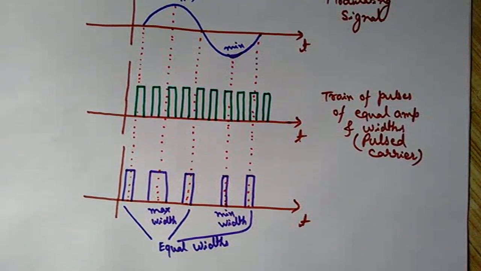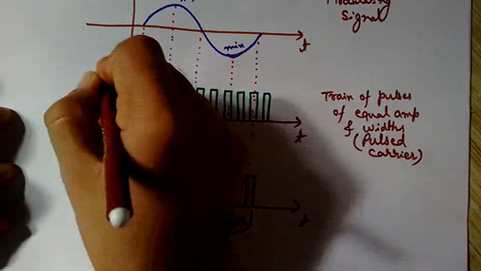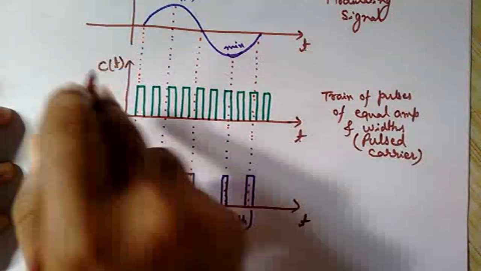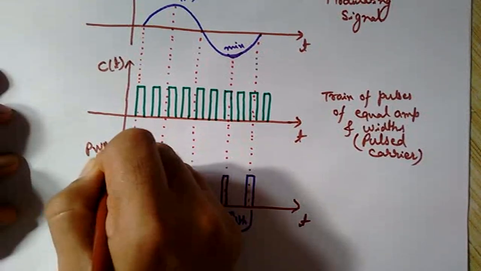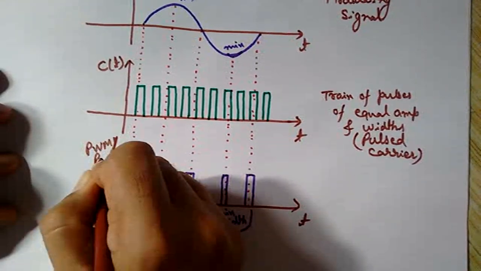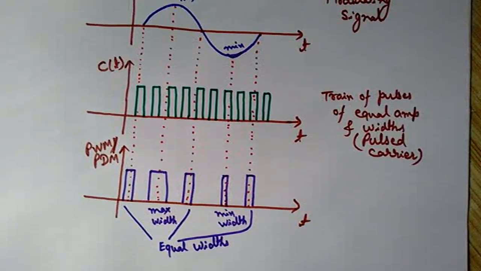So this is what? This is CT, carrier, pulse carrier, and here it is the PWM, also known as PDM, Pulse Duration Modulation. This PWM waveform, you can see here that it has equal amplitudes.